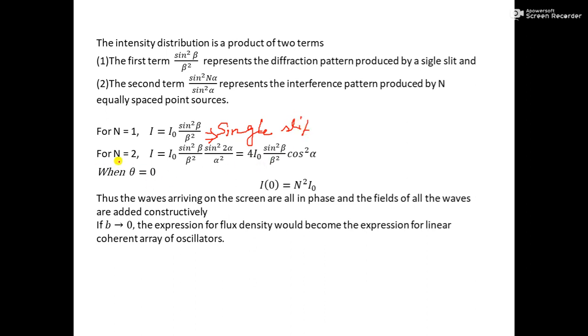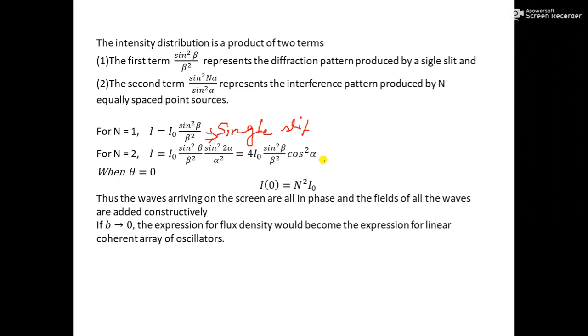Now let us take n is equal to 2. For n is equal to 2, we can write I is equal to I naught sin square beta by beta square, then sin square 2 alpha by sin square alpha, and sin 2 alpha is equal to 2 sin alpha cos alpha. So sin square alpha cancels out, the 2 square gives 4, and cos square alpha remains. So the expression for I is now 4 I naught sin square beta by beta square cos square alpha.